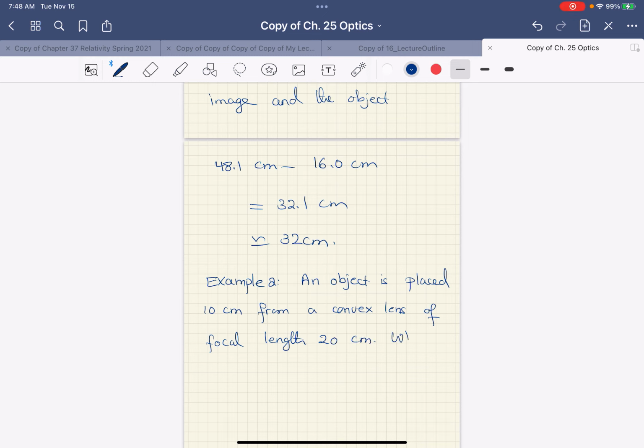What is the lateral magnification of the object?